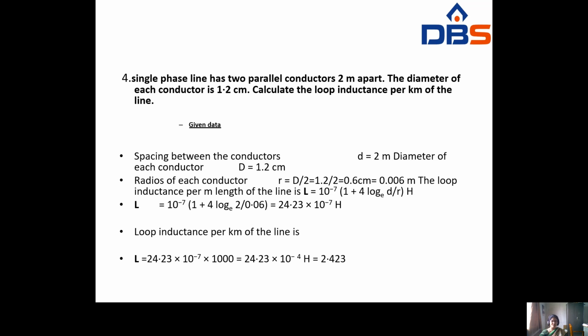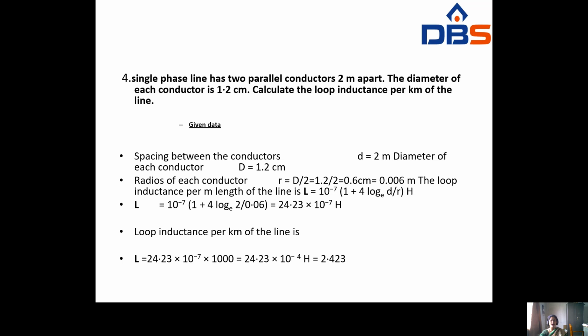Here you have to find the inductance per meter length of the line, that means for a single-phase line. The loop inductance per meter length of the line is L equal to 10 to the power of minus 7 into 1 plus 4 ln of D by r Henries.